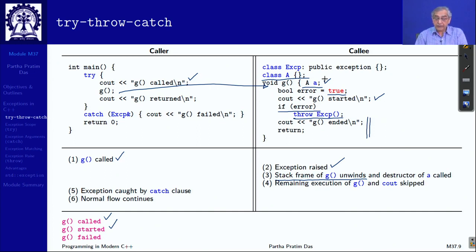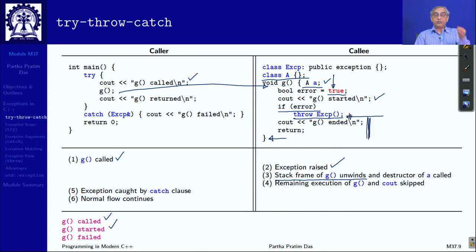Now, certainly when the control passed here, this object was constructed. If I had a normal flow at this point, this object would have been destructed, but I am not having a normal flow. This part is not going to get executed. So, what do I need to do before the throw happens?